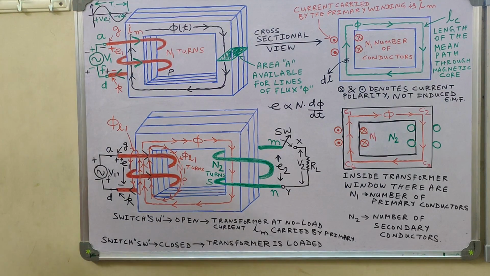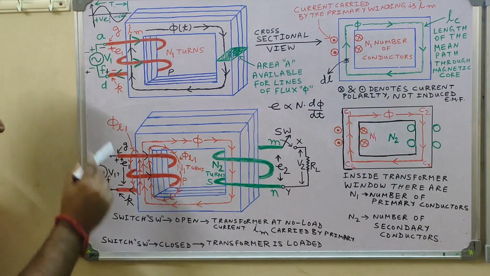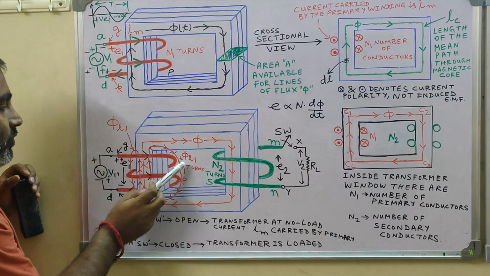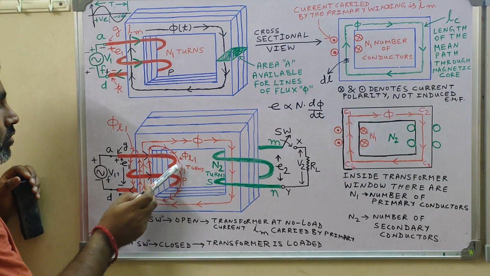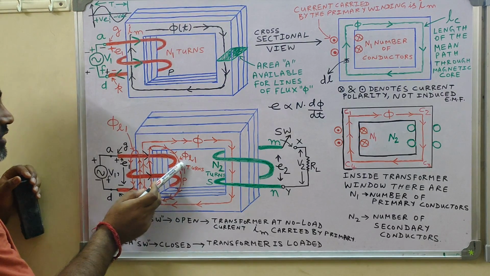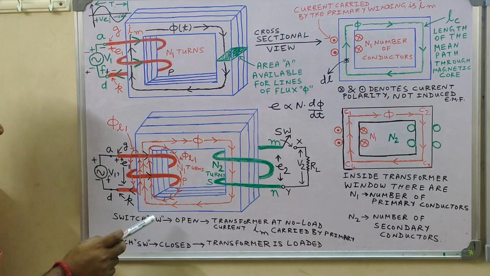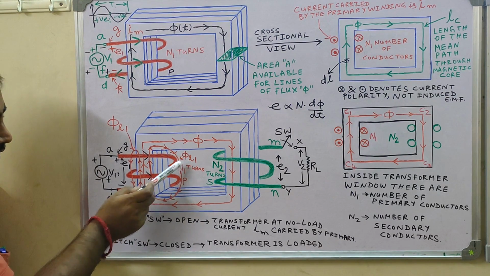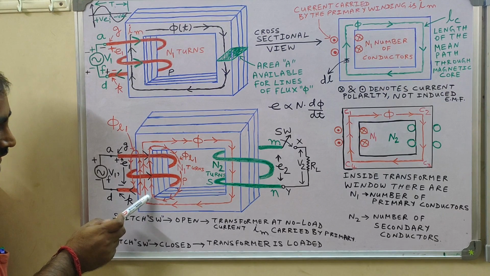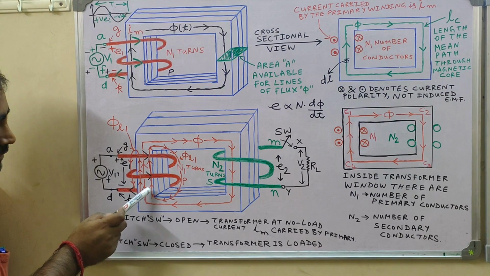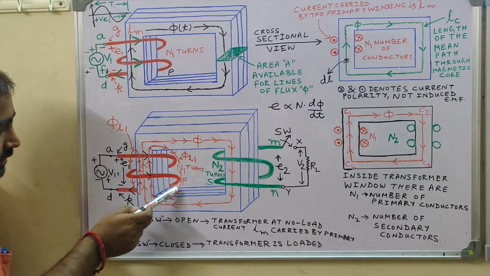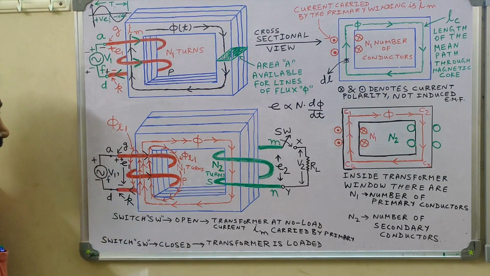Now you see in this particular diagram, I have indicated one flux which is written as phi L1. If you observe the path of the flux phi L1, you will find that the path taken by the flux phi L1 is partly through the transformer limb, and the remaining is through this air portion, isn't it?